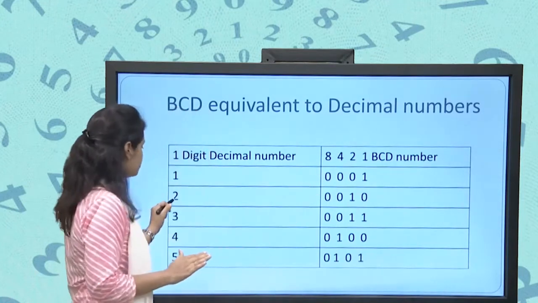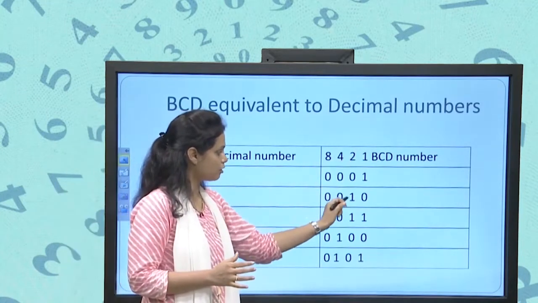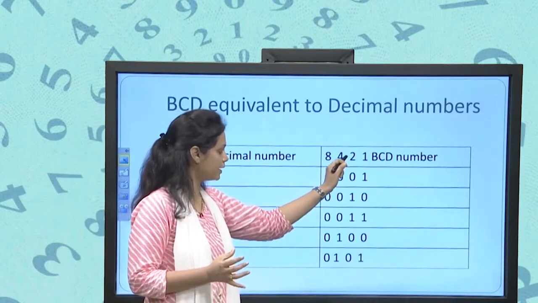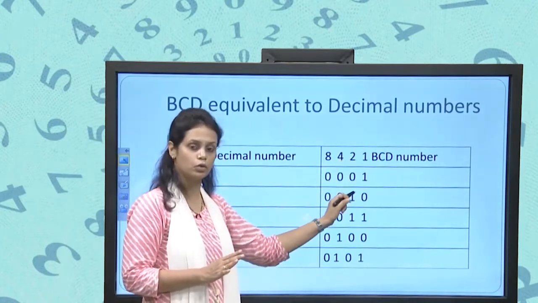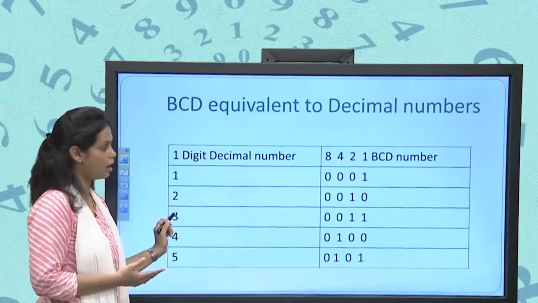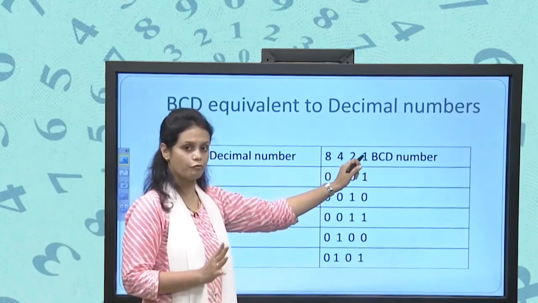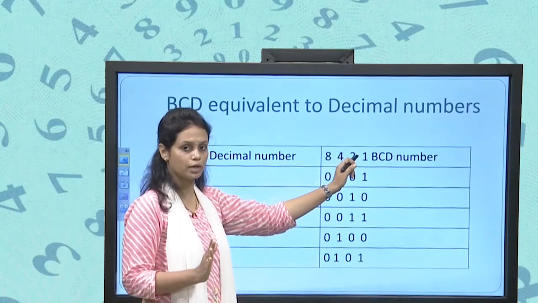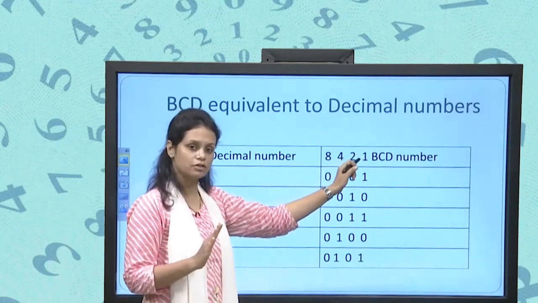This 4-bit group represents 1, but in the binary coded decimal format. Fine. Suppose we want to display 2. Again we'll just make the 2 bit on. That means we'll write 1 in the place of 2. Fine. So it has the value 2. Okay. Now the next example is 3. How will we represent it? We have to make 2 on and 1 on. That means we will keep 1 in the place of 2 and 1 in the place of 1 also.